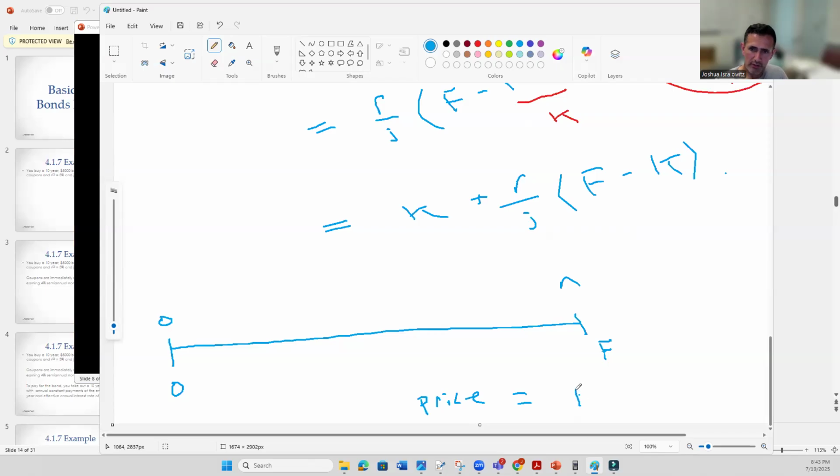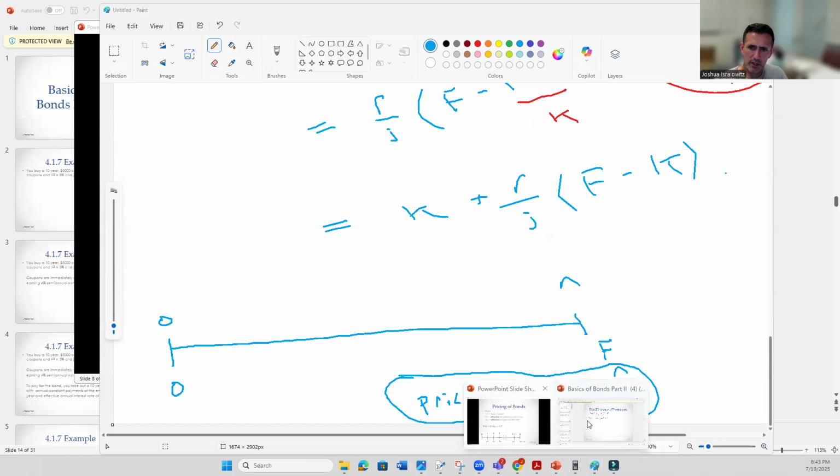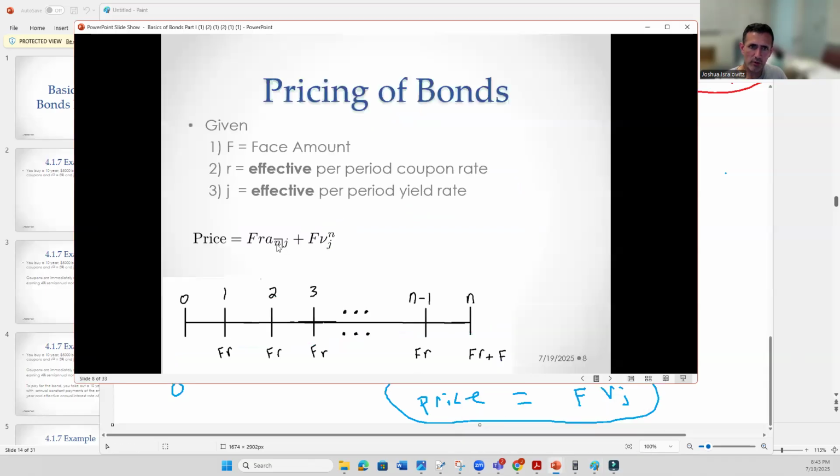So it's just F, and you're using your actual yield rate J, discounted by n periods. This is your price. Same thing here: if R equals 0, it's just 0. In some sense, nothing too special. No coupons, so R equals 0.